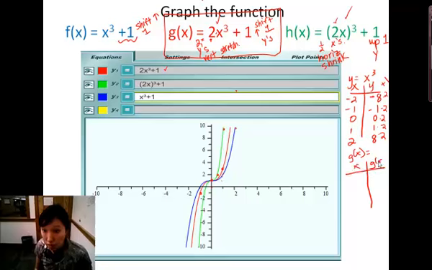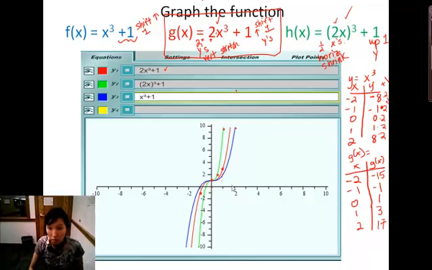Nothing happened with the x values because there's no horizontal transformations, but we have to calculate these, so this is going to be negative 15. This 1 times 2, and then plus 1 is going to get us 3. 8 times 2 plus 1 is going to get us 17.